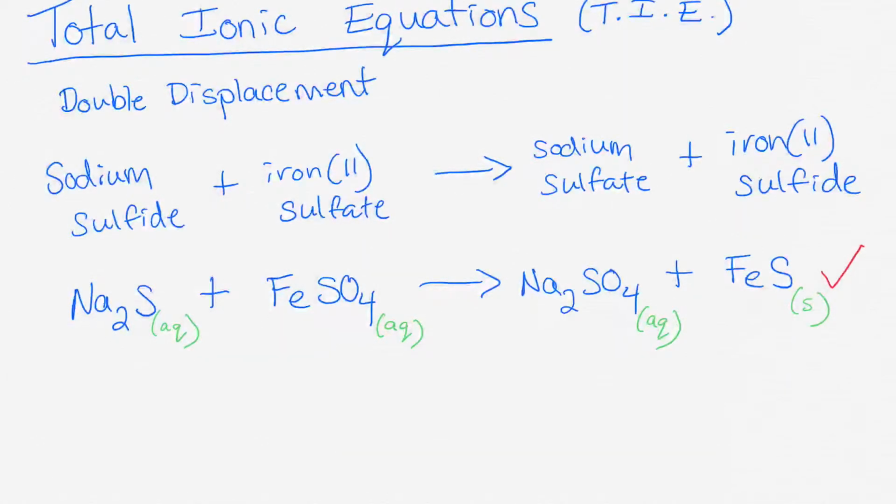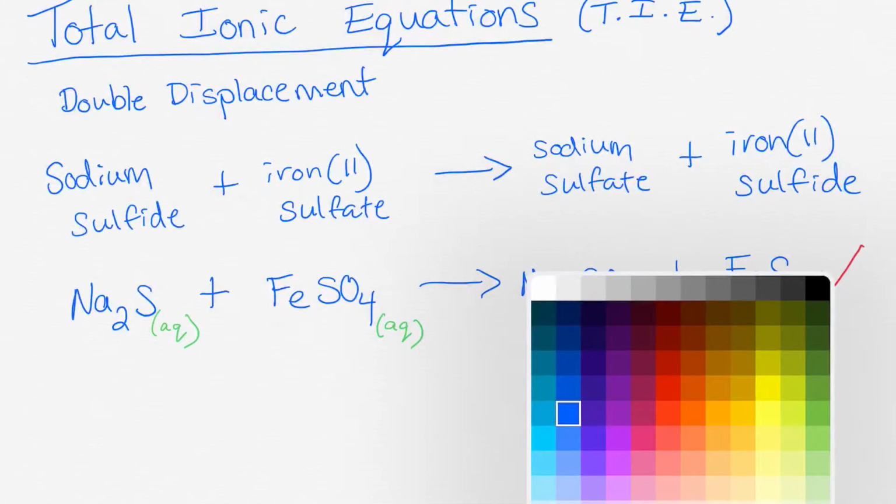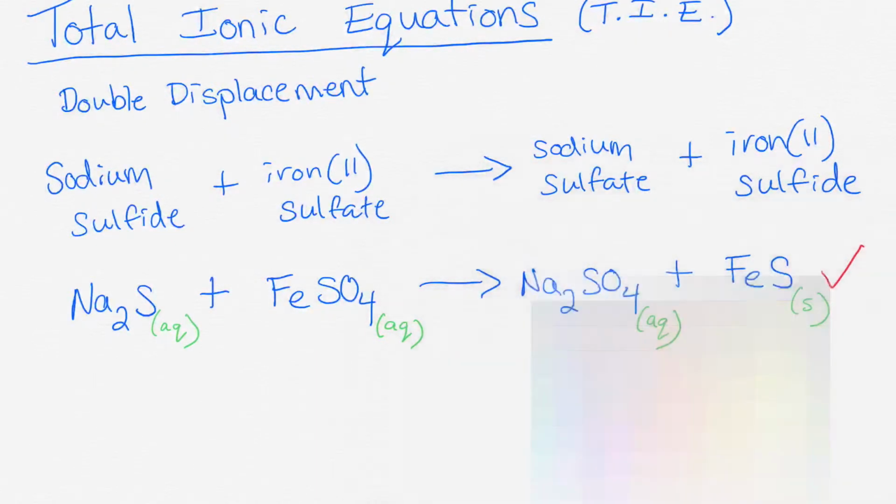Okay, so what I want to do is take apart my ionic compounds because I want to write them as they are actually going to appear in water. So I'm going to start with my sodium sulfide. So really this is 2 sodium ions that are aqueous and a sulfide ion that is aqueous.